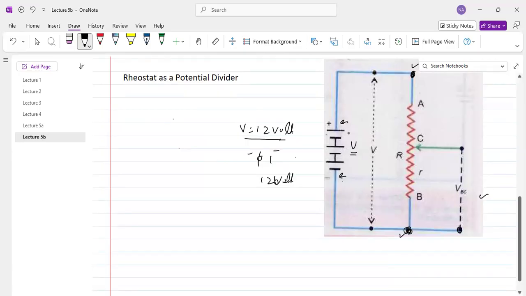Usually we represent the battery in this way. The long vertical bar represents the positive terminal, while the other represents the negative terminal. But sometimes the battery is also shown with this type of symbol placed between the positive and negative terminals.